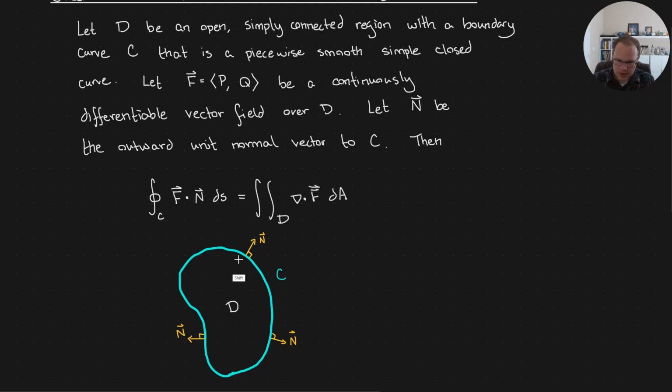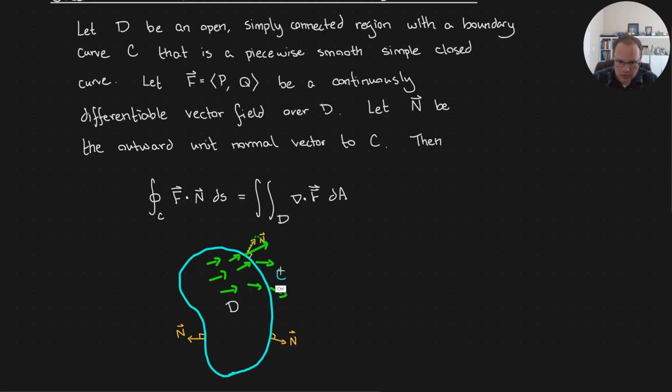So for example, let's say our vector field kind of looks like this at this boundary, okay? What this is measuring is how much of that vector field at each point along the boundary is flowing directly out of the boundary, right?